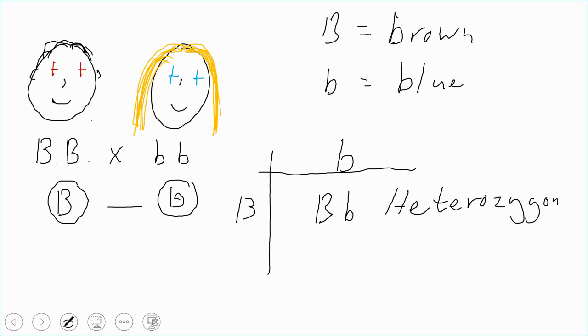Because she has an allele for brown eyes and an allele for blue eyes, the child which is produced will be heterozygous. That's different to the man who's homozygous dominant and the woman who is homozygous recessive. So if this man and this woman have children, all of the children will be heterozygous.